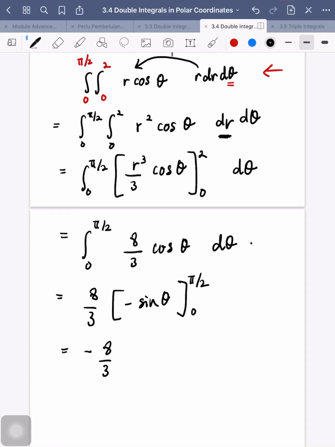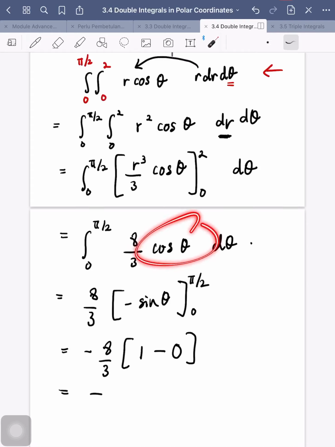Sine pi over 2 is 1, minus sine 0 is 0. I'm careless here. Integrate cos is actually sine, not negative sine.